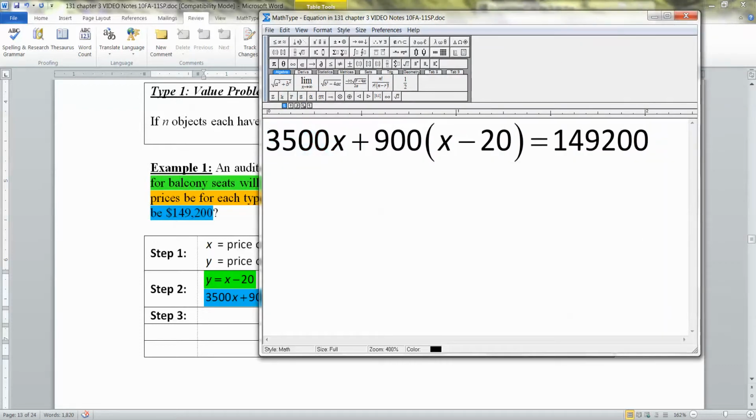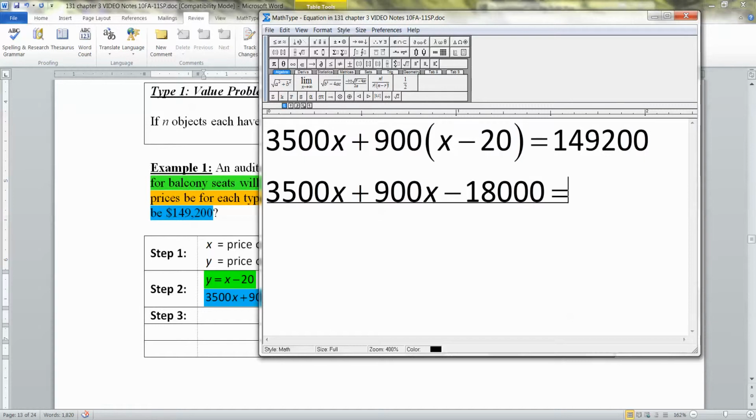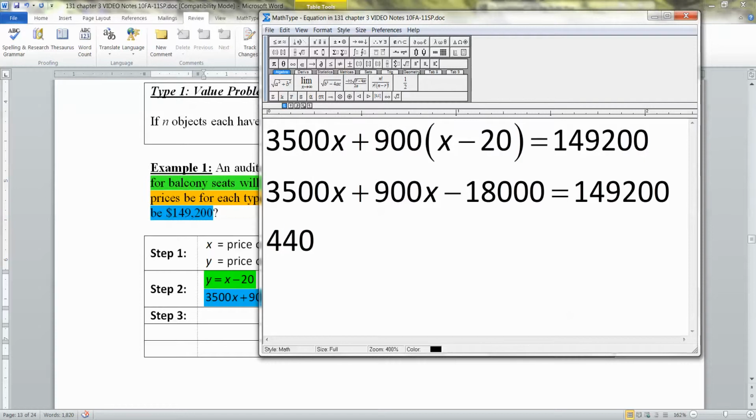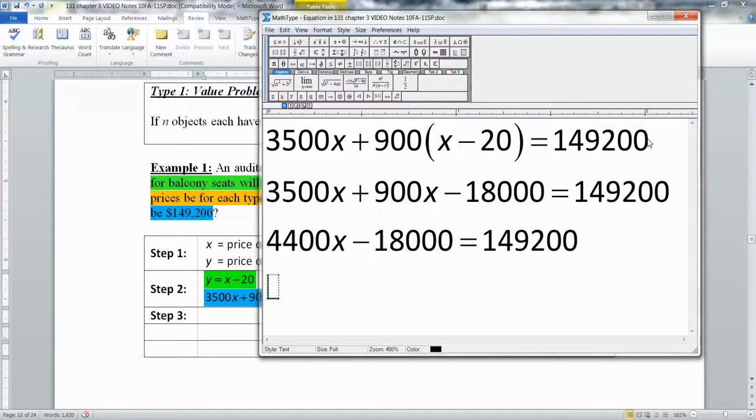Totally solvable. So this will be 3,500x plus 900x minus 18,000, sorry, equals 149,200. So that gives us 4,400x minus 18,000 equals 149,200. Then we just got to add 18,000 to both sides. I keep saying that wrong. Sorry.